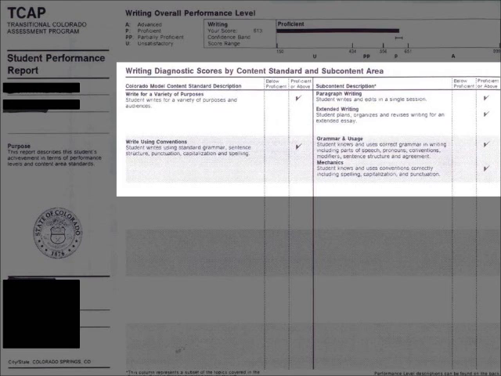So what's unique about this TCAP score report is that not only will it give your student score, it'll also explain to you the 2 standard levels that the students were required to know, and then they break them down into sub-contents. So let me explain what I mean.